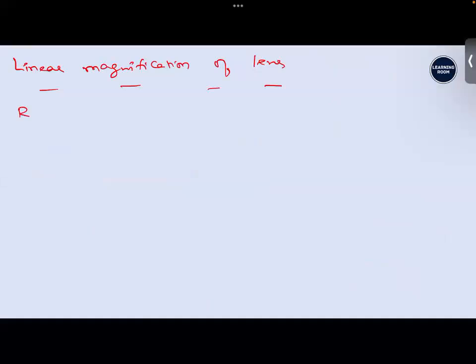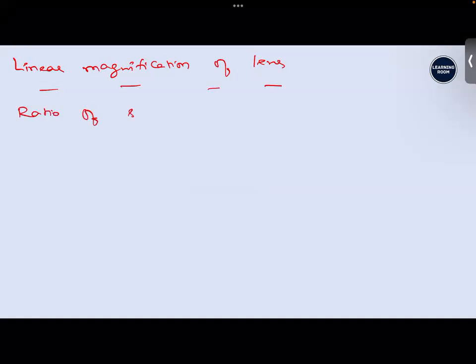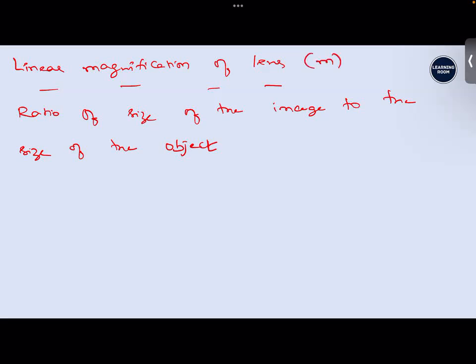It is defined as the ratio of size of the image to the size of the object. So linear magnification of lens is defined as a ratio of size of the image to the size of the object. Clear? It is represented by the symbol small m.